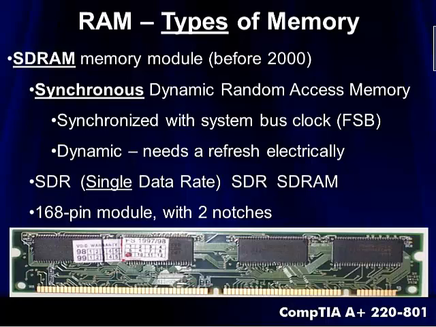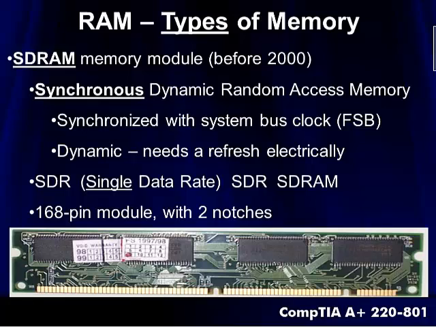SDRAM is synchronous, dynamic, random access memory. The first of these synchronized, dynamic, random access memory was synchronized on a one-to-one basis. In other words, if your front side bus was going along click, click, click, click, I make a pretty good metronome, don't I? Your memory was doing the same thing, right along with the front side bus clock speed.